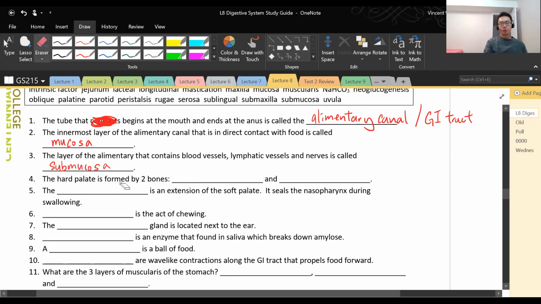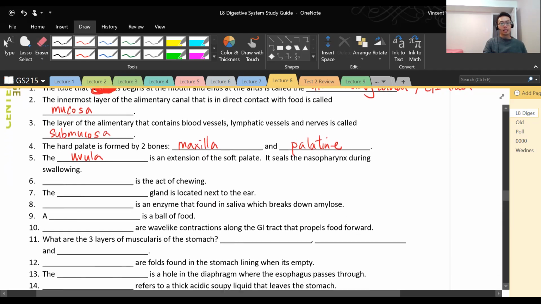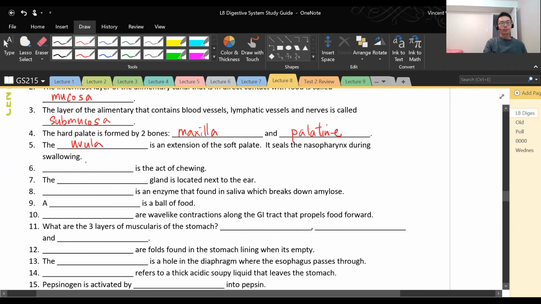The hard palate, which is the roof of your mouth, is formed by the maxilla and the palatine. That's right. So the maxilla is the anterior two-thirds, and the palatine is the posterior one-third.